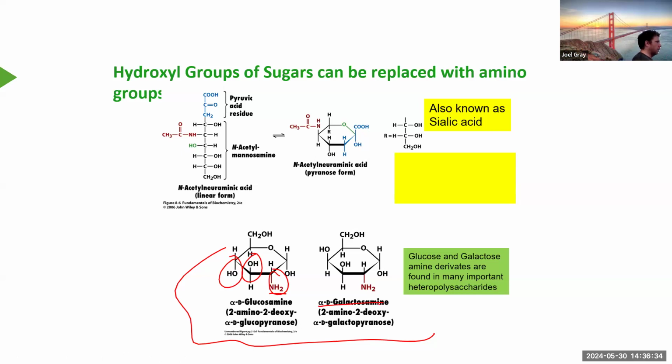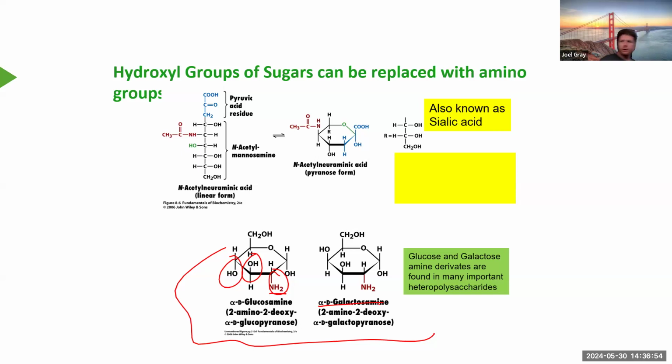But if we think back to the differences between glucose and galactose, what's the difference between those 2 sugars? They're C4 epimers of one another. Now, glucosamine and galactosamine are also going to be C4 epimers of one another.